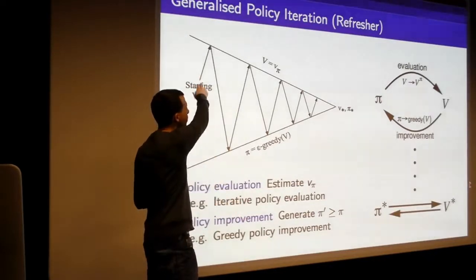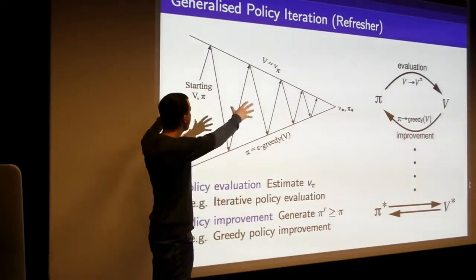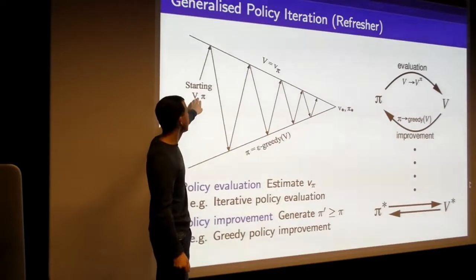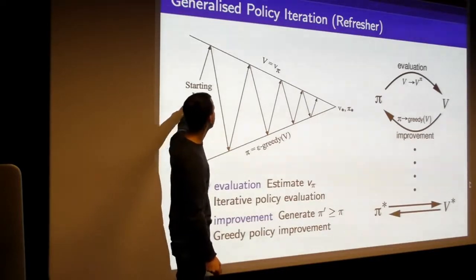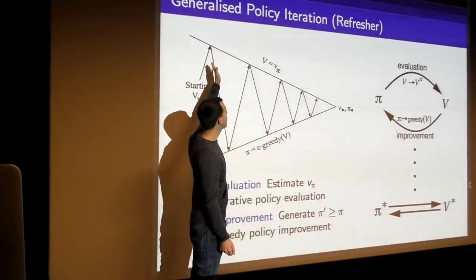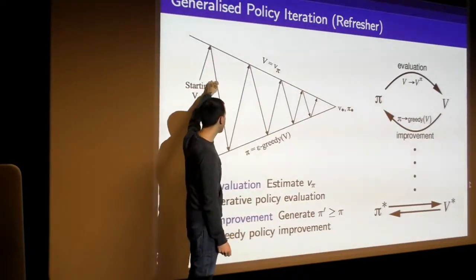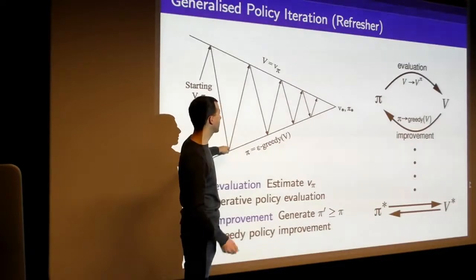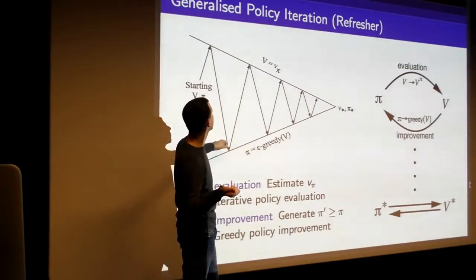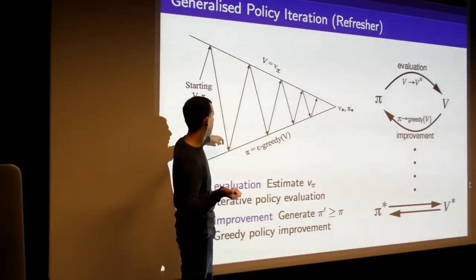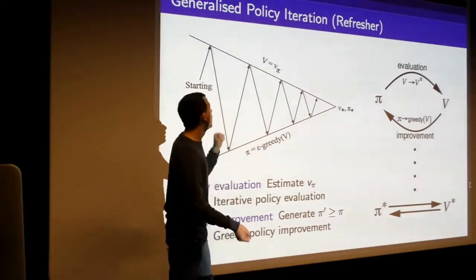We have this iterative process, which I sketched on this diagram here, where you start with some value function and some policy. Every time you go up, you evaluate your current policy to get a new value function, and every time you go down, you act greedily with respect to that value function.